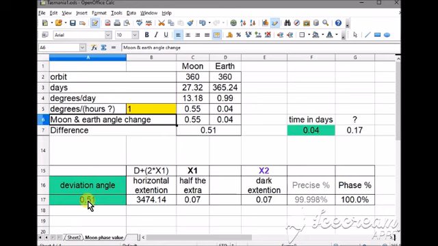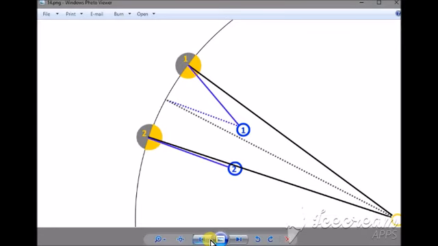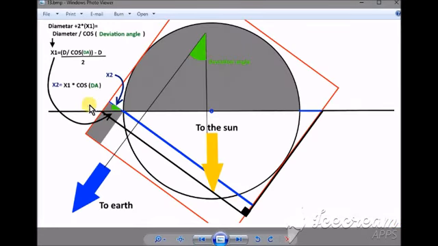This is the deviation angle, this is the horizontal extension, the diameter plus the x1s, this is one of the x1s, and this is the dot extension, the x2. Let's go to the drawing just to remember what I'm talking about. The x1 and the x2.